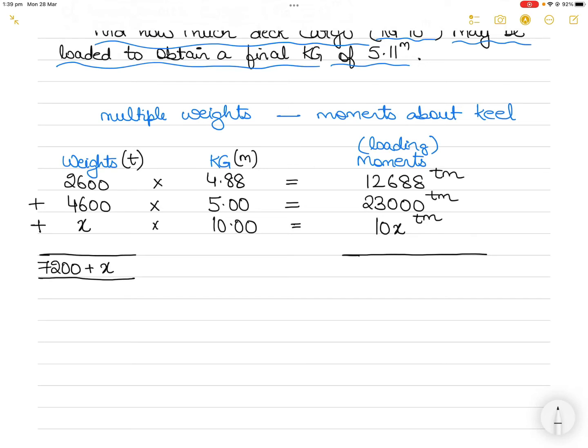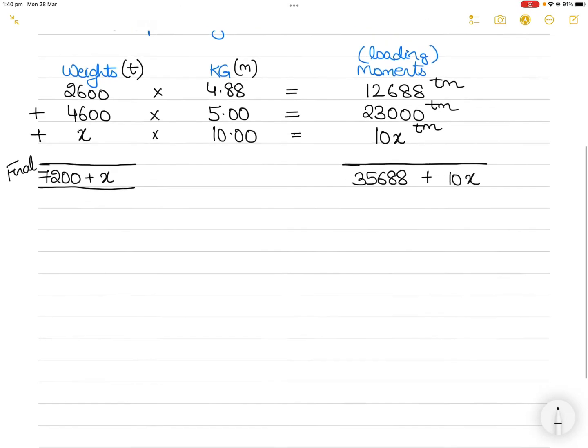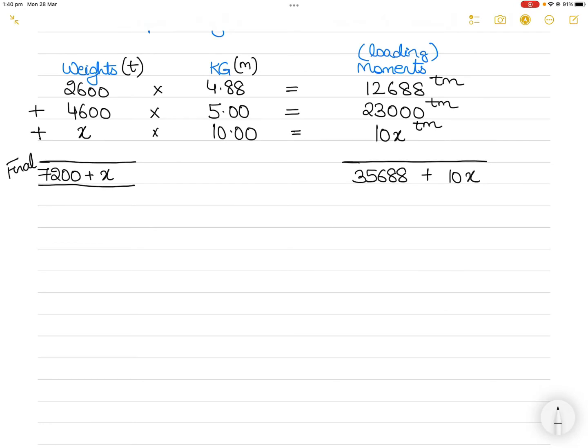This is, of course, the final weight, and the final moments will be 12,688 plus 23,000, that will be 35,688 plus 10x, because you cannot add 10x to 35,688 since you don't know the value of x.